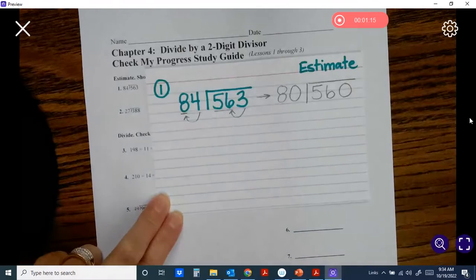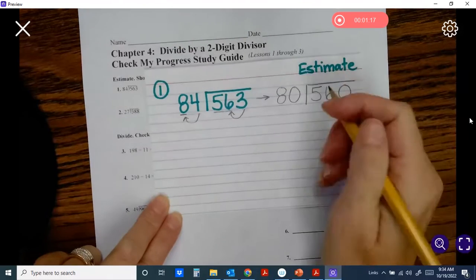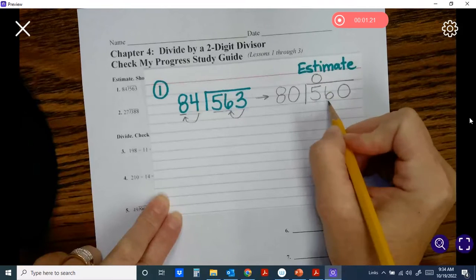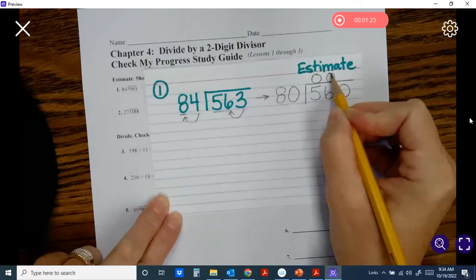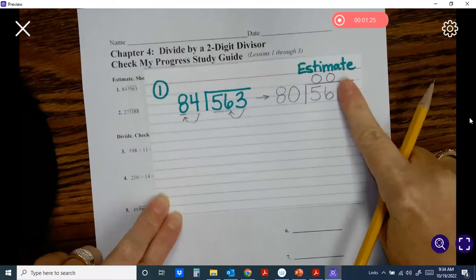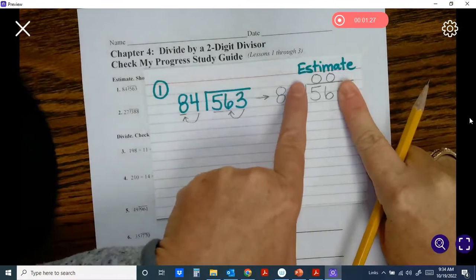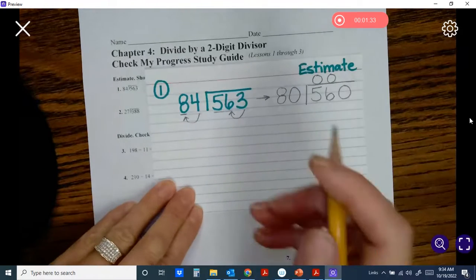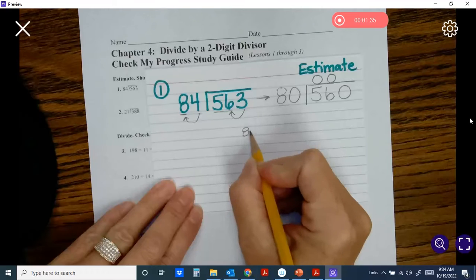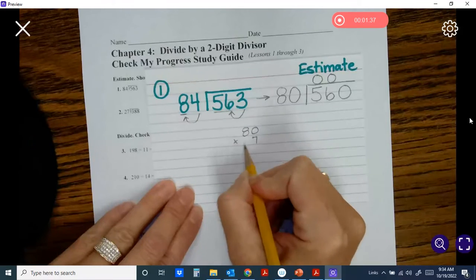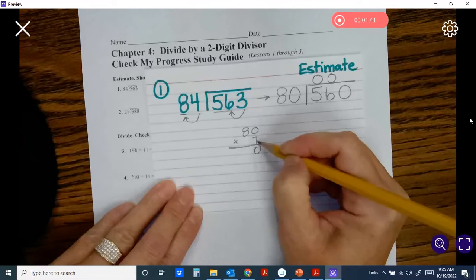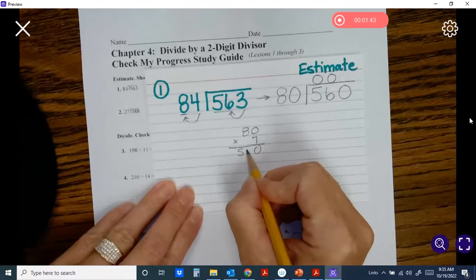Now, 80, this is what I do. I cover up, 80 cannot divide 5. 80 cannot divide 56. Now, I cover up the last digit in both numbers. 8 can divide 56 7 times. So off to the side, I write 80 times 7. 7 times 0 is 0, and 7 times 8 is 56.